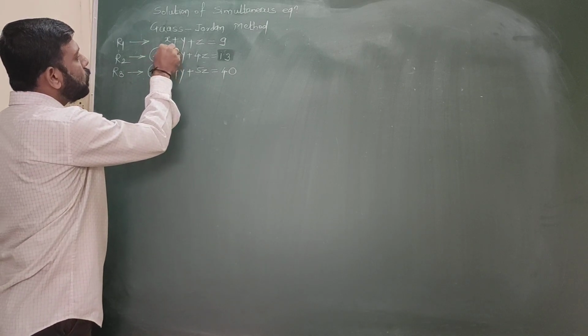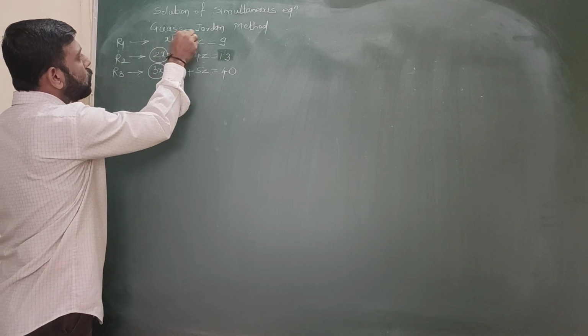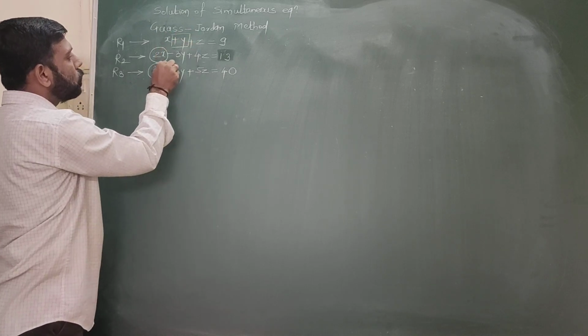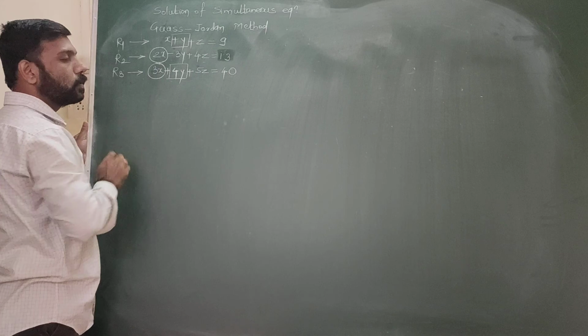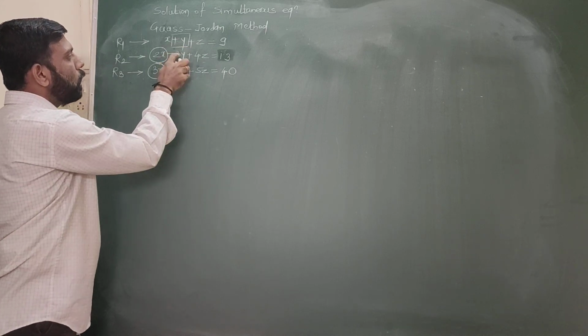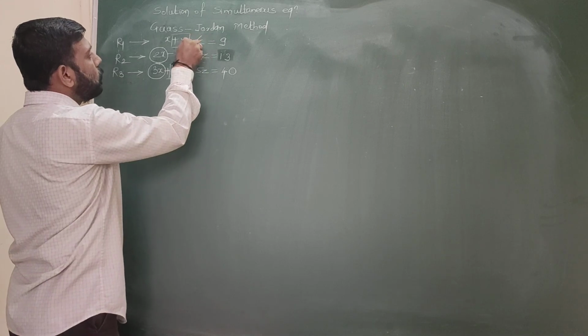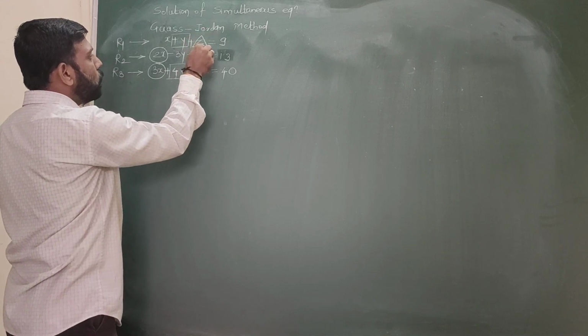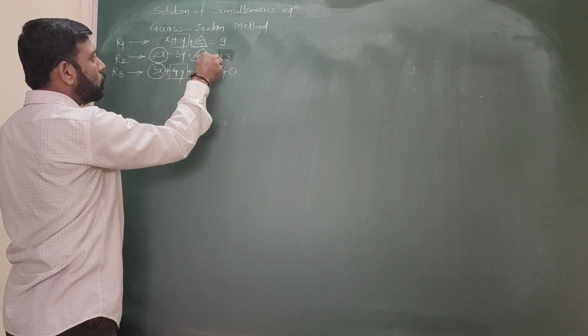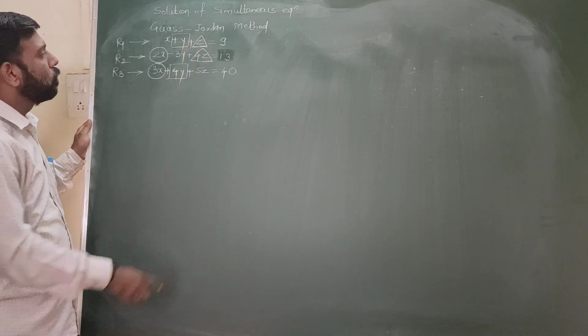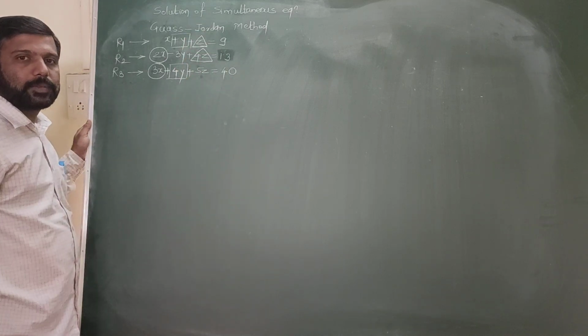Similarly, these two elements will be made 0 with this diagonal element. This is our step 2. And in the third, we'll make these two elements 0 with this diagonal element.